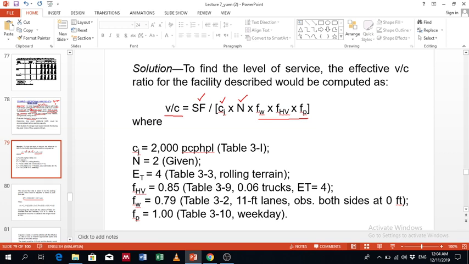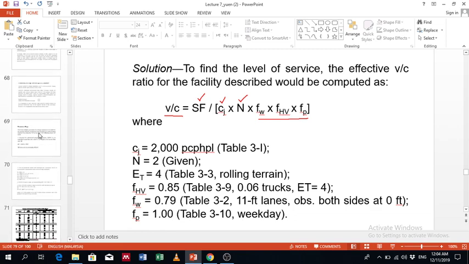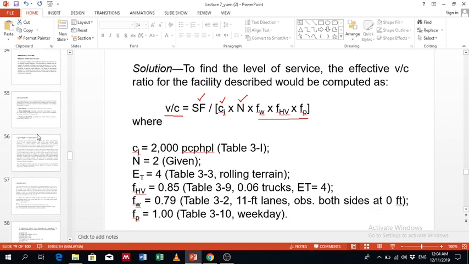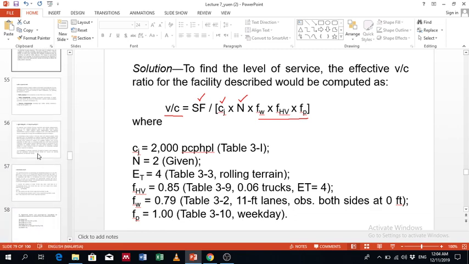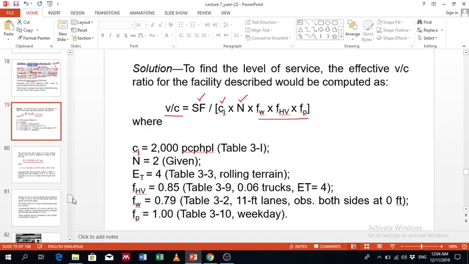So easily you can find out the F_HV from table 3.9, when you have 6% trucks. I don't show you here because we are running out of time, but easily in table 3.9 with 6% trucks, and E_T for truck is 4.